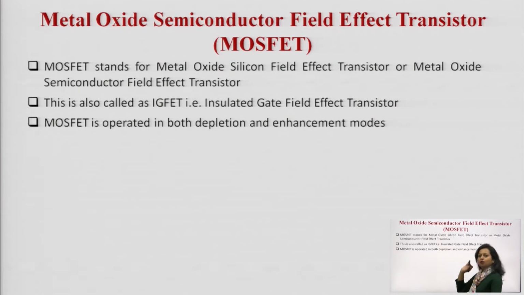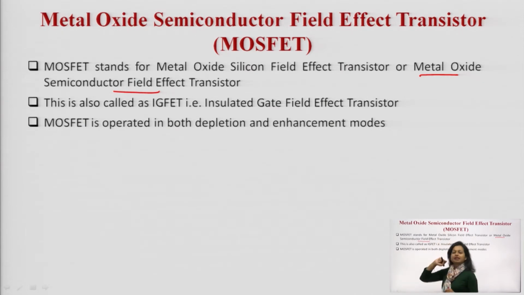See, MOSFET stands for, as I have told you, M for metal, O for oxide, S for semiconductor, FET field effect transistor. So MOSFET is metal oxide semiconductor field effect transistor, or metal oxide silicon, because silicon is the commonly used semiconductor material.